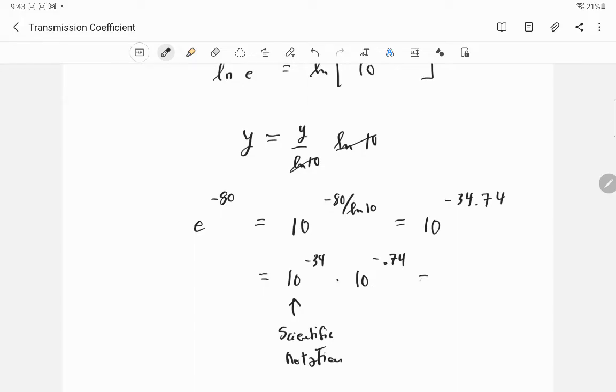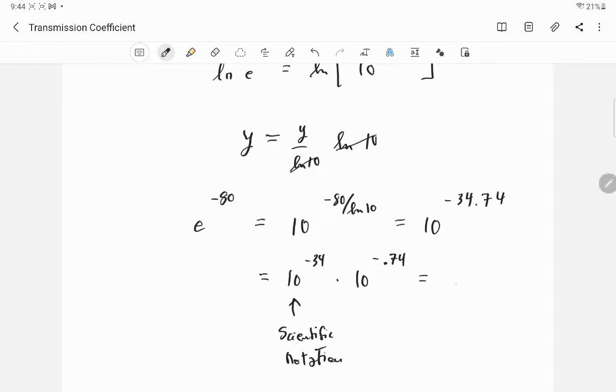So, if you calculate 10 to the negative 0.74, let me do that. It'll be 10 raised to the 0.74 equals, and then I invert that. So, second answer inverse equals 0.1819, or 0.182.